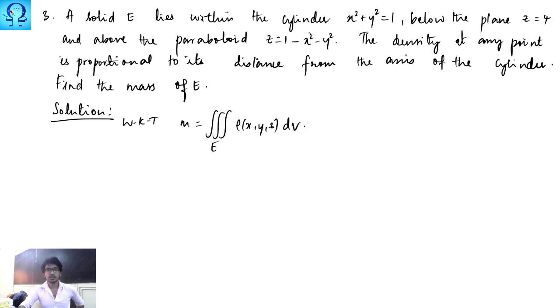It is within the cylinder, so cylinder x squared plus y squared equals 1. Supposing this is your axis, now identify x squared plus y squared equals 1. Let this be the x axis and let this be the y axis. So you are going to have a circle of this sort in the xy plane.